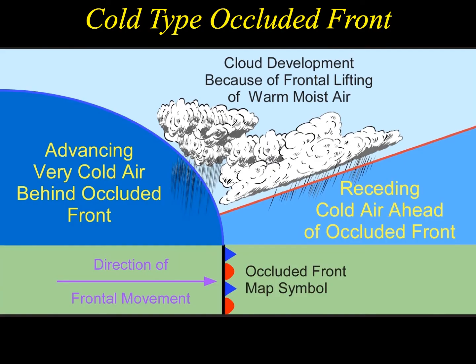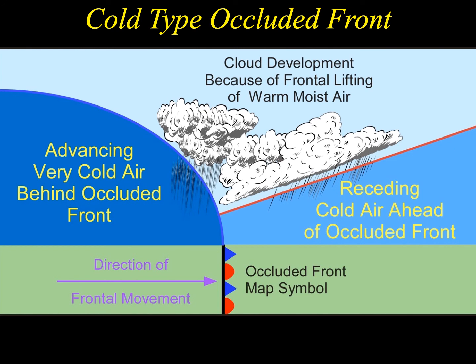Shown in the diagram is a cold type occluded front, and the symbol on a weather map for an occluded front is as follows. So triangles and half circles alternating along a line indicating the location of the front.